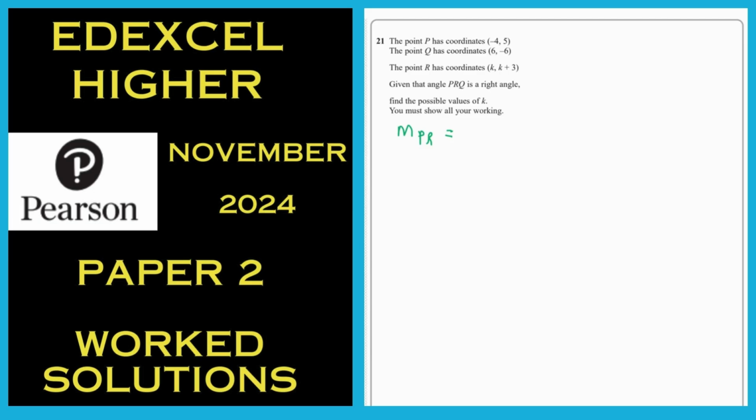Now, the order doesn't matter as long as you maintain the same order. So because I'm going from P to R, I'm going to do 5, that's the Y coordinate, minus the Y coordinate of R, all over the X coordinate of P, minus the X of R.